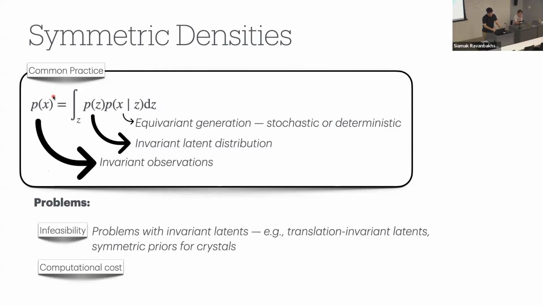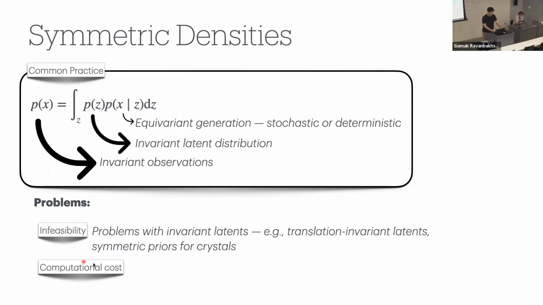The problem is that for some priors, they cannot be invariant to certain transformations. For example, you can't have a prior that's invariant to translation. Think about a prior that's invariant to translation. You can't have a density, right? Or in the case of crystals, actually figuring out what this prior should look like becomes a very challenging task on its own.